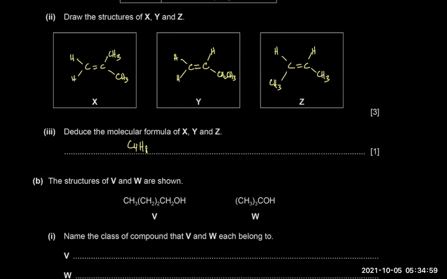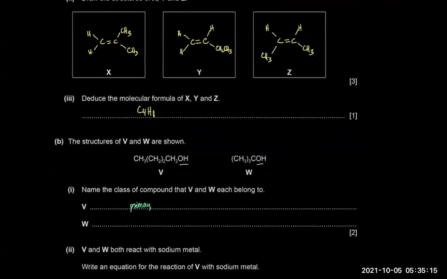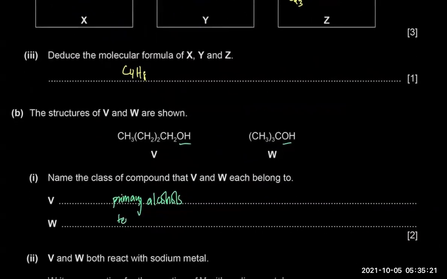What class of compounds does V belong to? Primary alcohols. Yes. Both are alcohols, so obviously they're asking separately for a reason. V is a primary alcohol, and W is a tertiary alcohol.